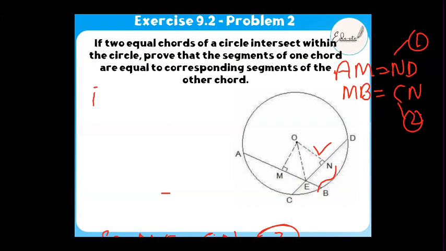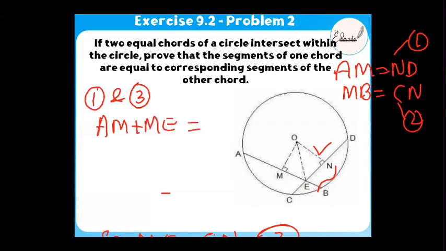Okay, if we add equation 1 and 3, can we get something from that? Let's add equation 1 and 3. AM plus ME is equal to EN plus ND. What is AM plus ME, beta?